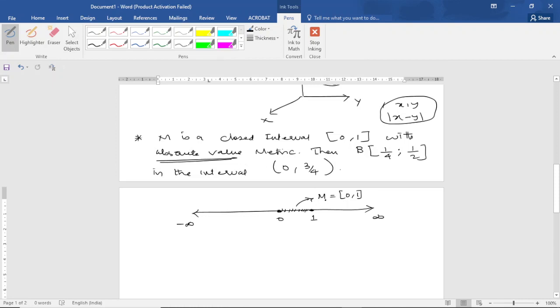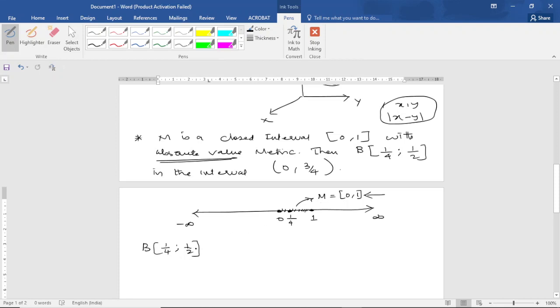So this is our space under consideration. We consider this as a metric space. Now what is this open ball whose center is 1/4 and radius is 1/2? Suppose 1/4 is here.